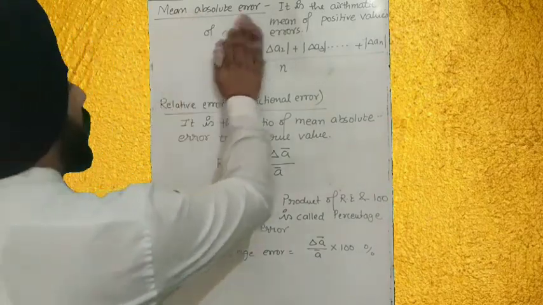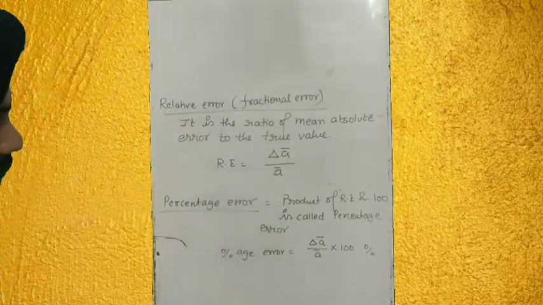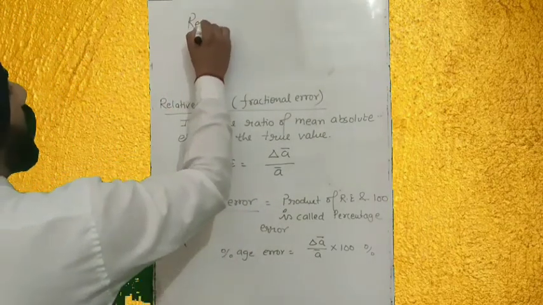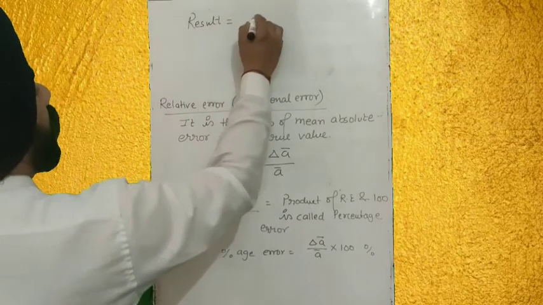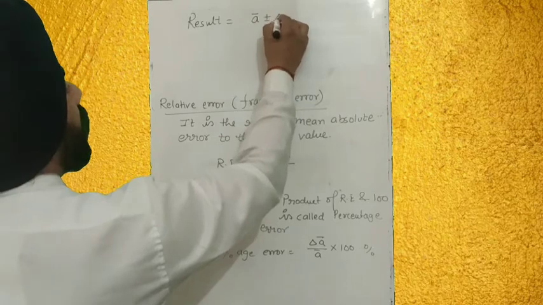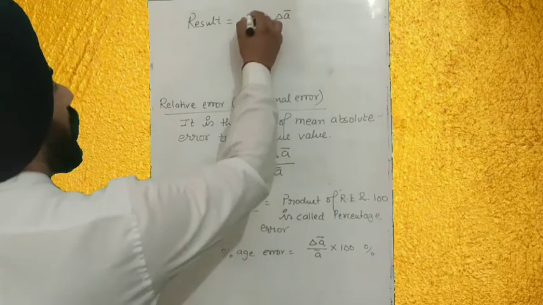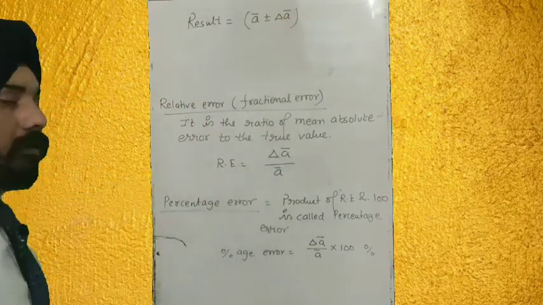So how do we write the result of an experiment? The result is equal to the true value plus or minus delta A bar, the mean absolute error. Maybe you can write the percentage error also.